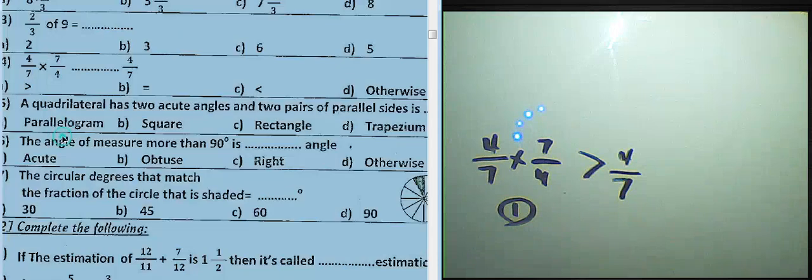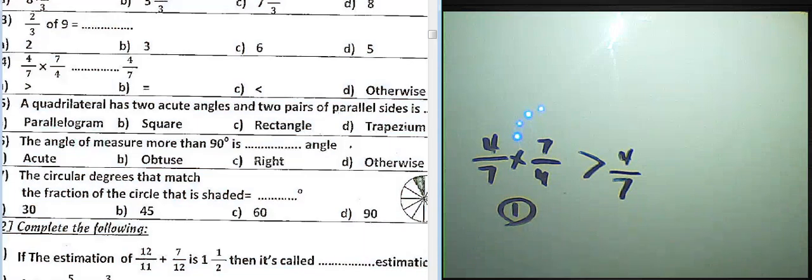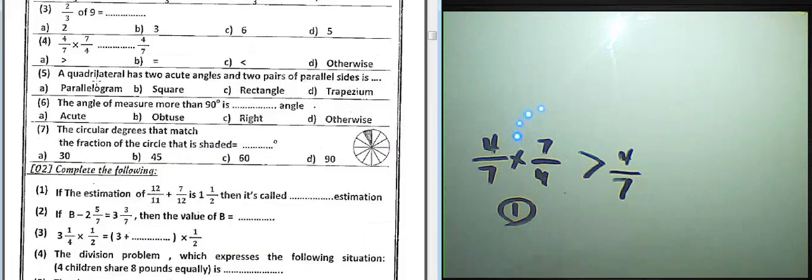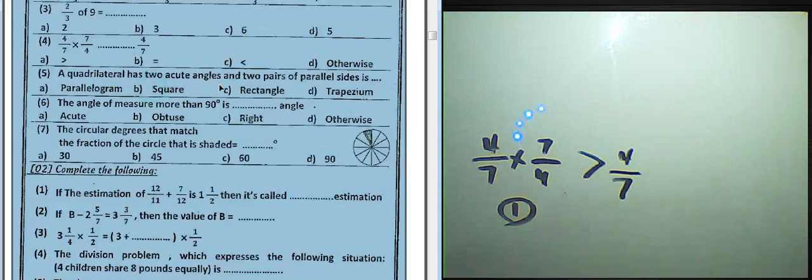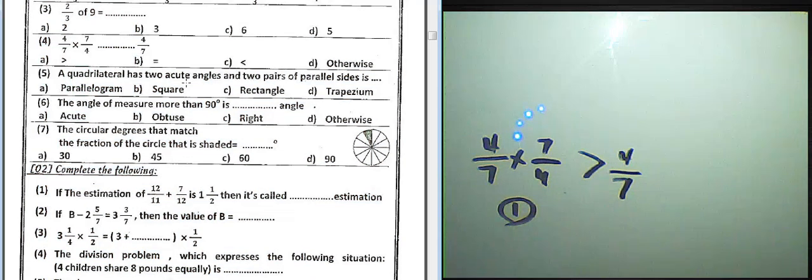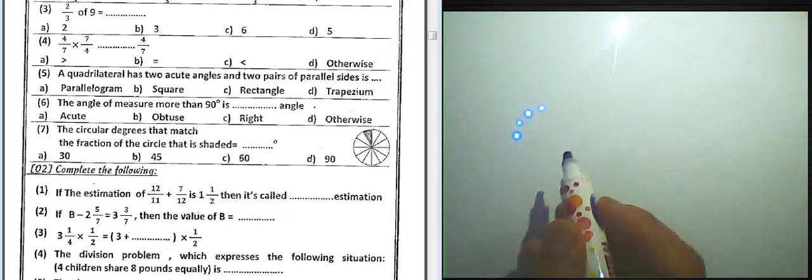Next question, question 5. A quadrilateral has 2 acute angles and 2 pairs of parallel sides. Is it a parallelogram, square, rectangle, or trapezium? He asked about a quadrilateral with 2 acute angles and 2 pairs of parallel sides, so you must choose parallelogram.